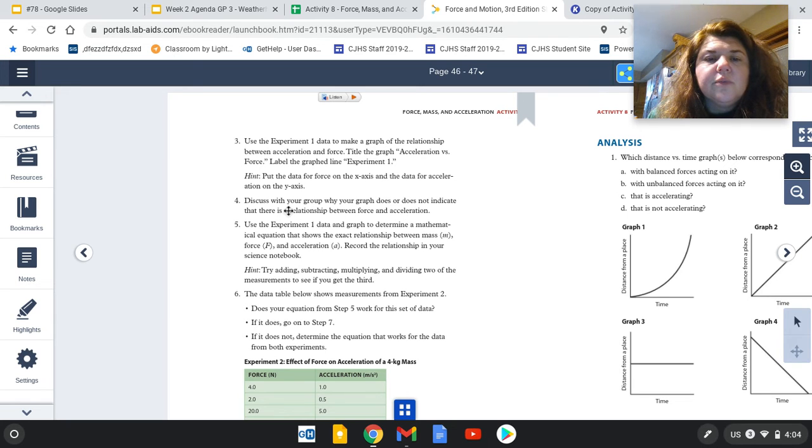And so we will know if there is a relationship if it creates a line. Once we plot our points, if there's a line that is created, that means that there's a relationship. If the points are just scattered randomly all over, that means that there won't be a relationship. So we're looking to see if there's a line.